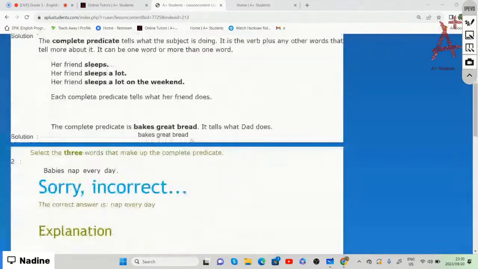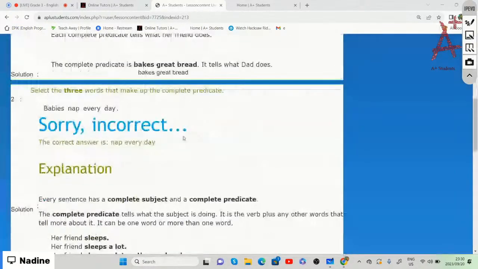All right. We need to select 3 words that make up a complete predicate. Babies nap every day. A predicate tells us what the subject is doing.